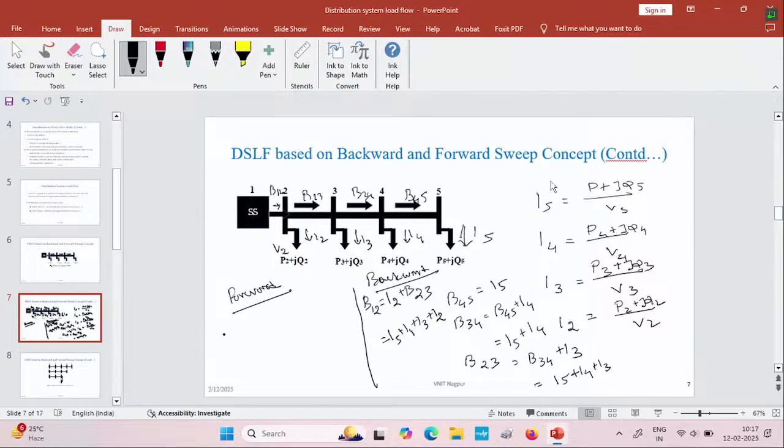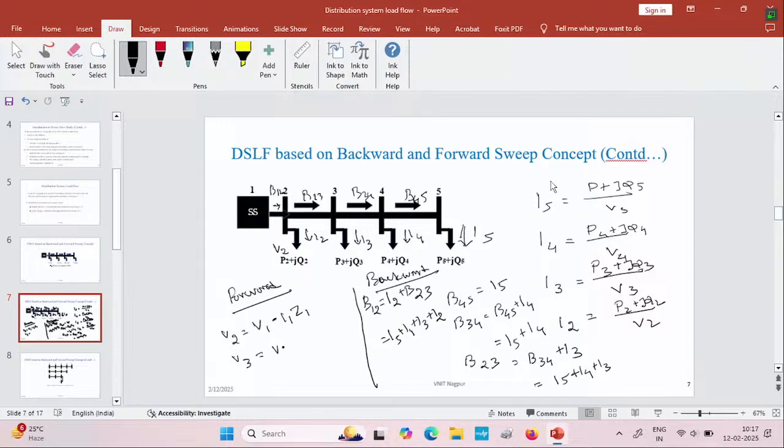This voltage V2 is supposed to be V1, the substation bus voltage, minus I1 into Z1. As it is a single phase line, we may consider Z1 as the resistance and reactance across this path.